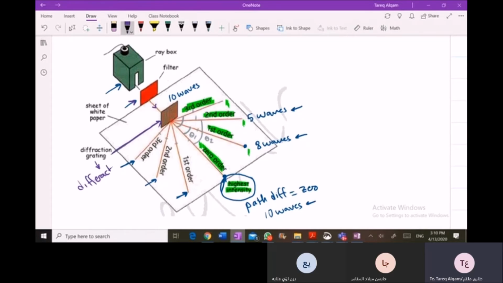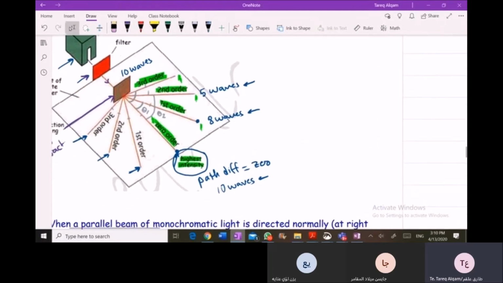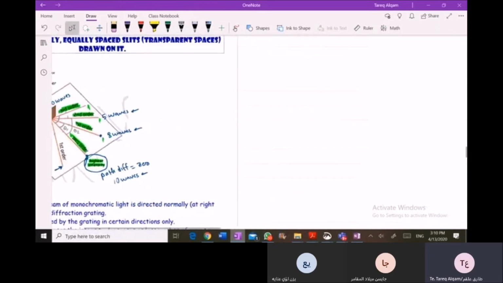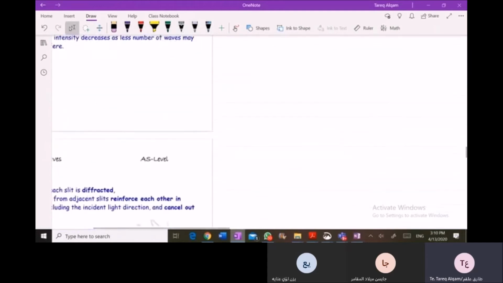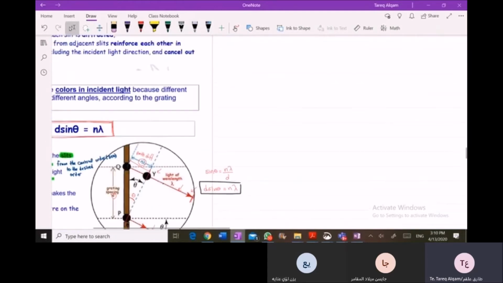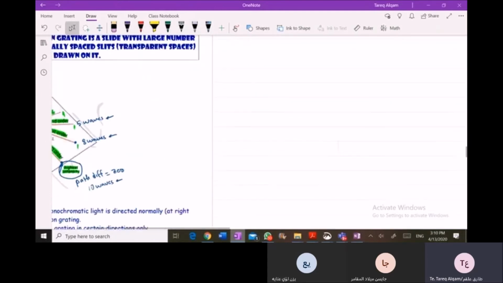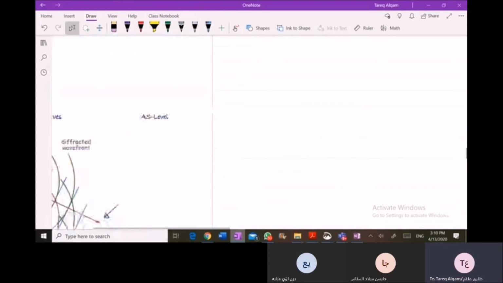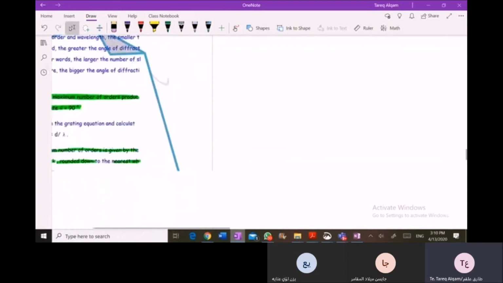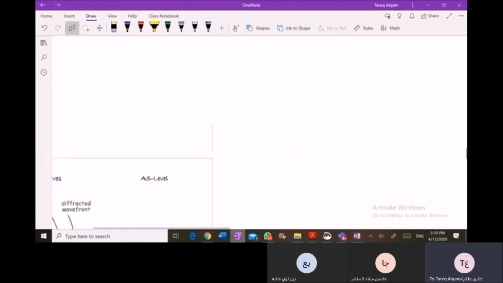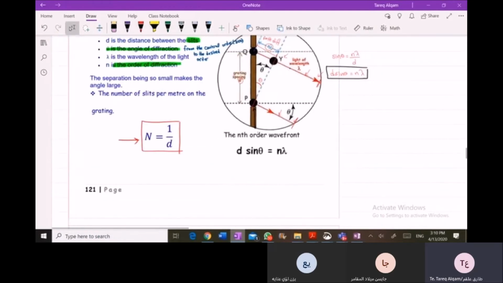Now, the waves that are diffracted from adjacent slits interfere constructively, right? So they will produce maxima. The waves that are diffracted from non-adjacent slits diffract destructively and produce what? Minima.